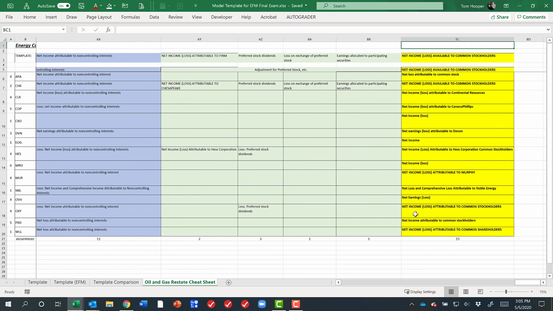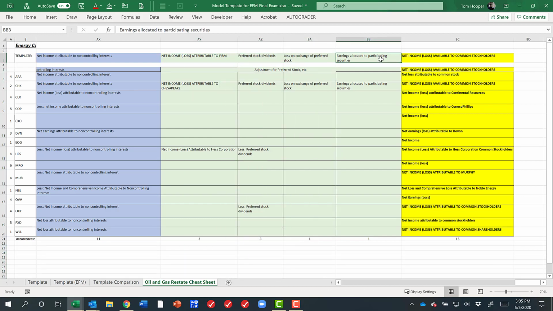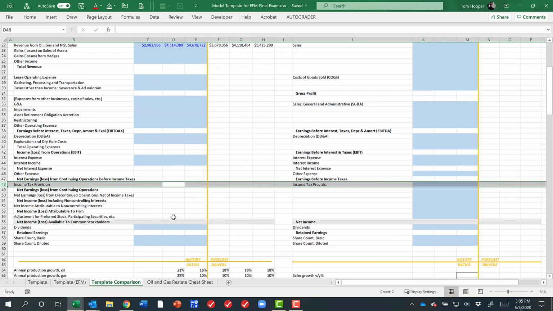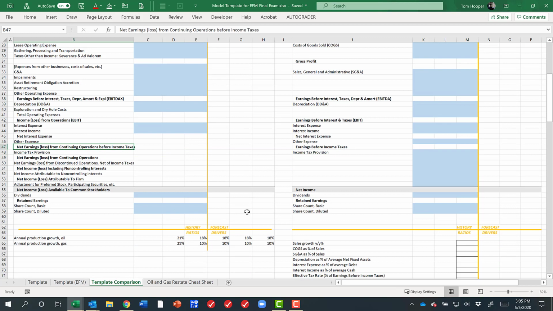And then finally, what I saw with the energy companies, much more than any of the other companies, were preferred stock issues, participating securities, loss on preferred stock exchange, items like that. So when you look at an income statement for an energy company, instead of just getting down to net income, you're likely to see some adjustment for discontinued operations, for non-controlling interests, and for preferred stock issues.